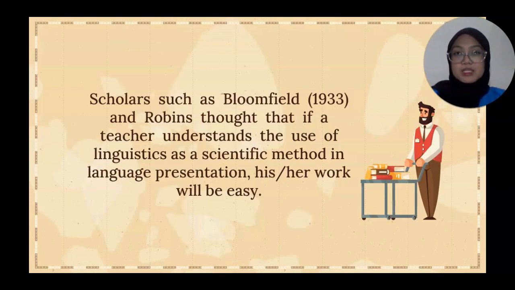To them, this means that linguistics applied uses language data to develop our linguistic knowledge about language, while applied linguistics studies a language problem with the intention of correcting it.